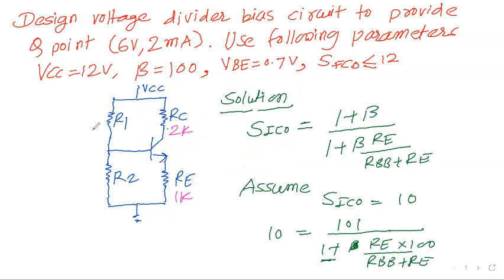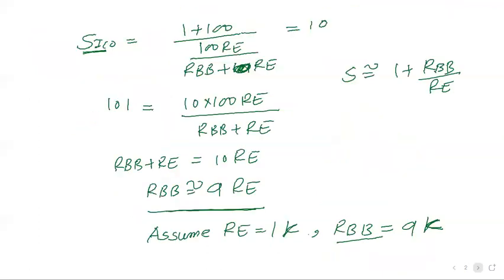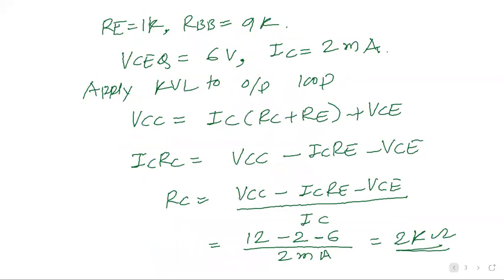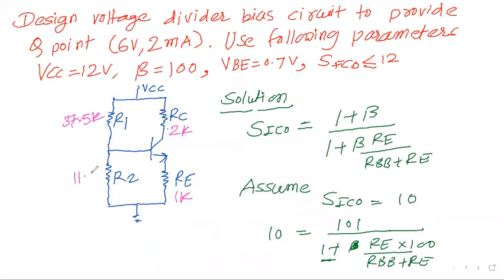So VCQ will be this one. And this is 37.5K, and this is 11.84K.